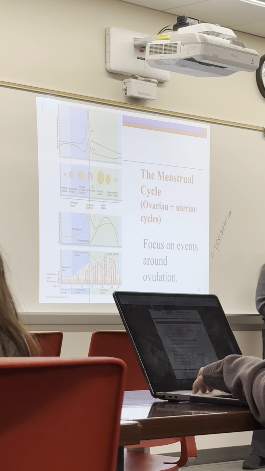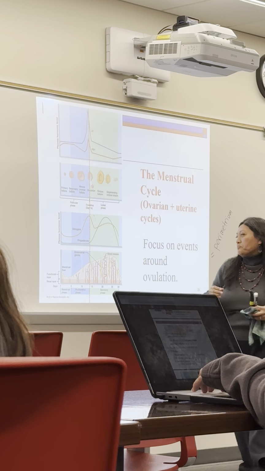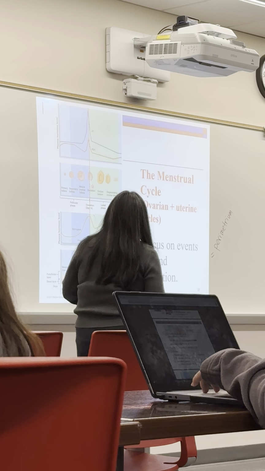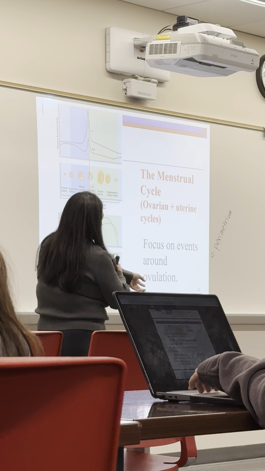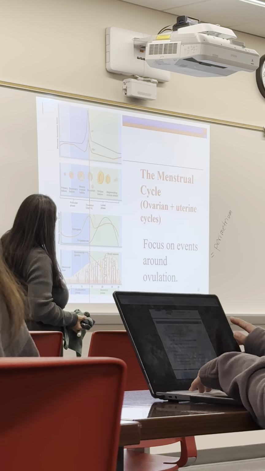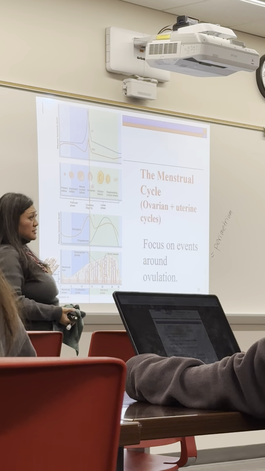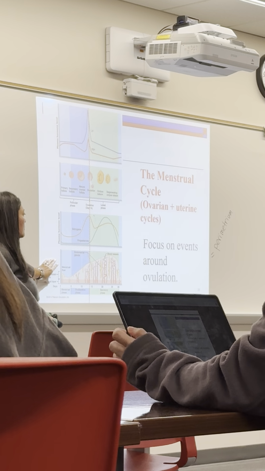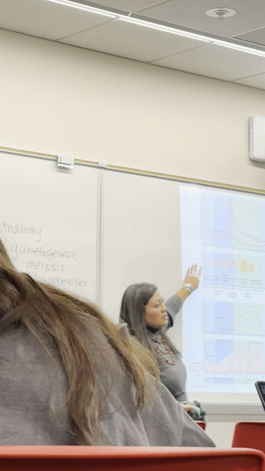And so we put all of those events together. Let's focus on the events around ovulation especially. Okay? This is what's happening in the uterus. This is what's happening in the ovary.